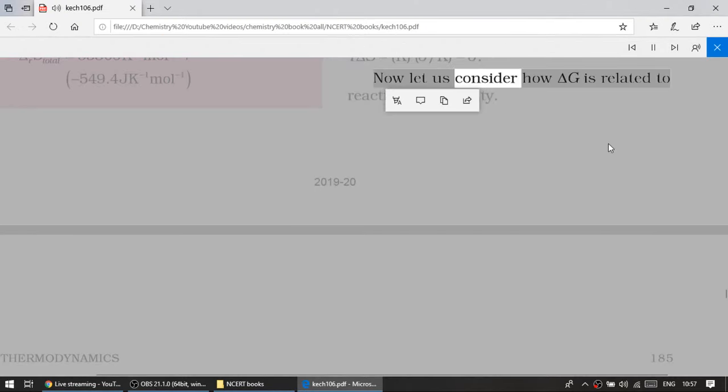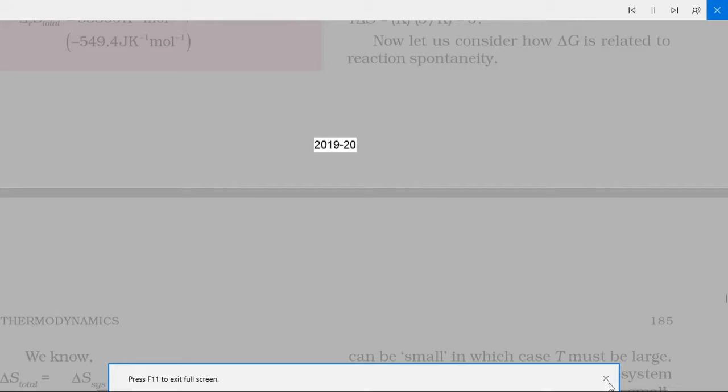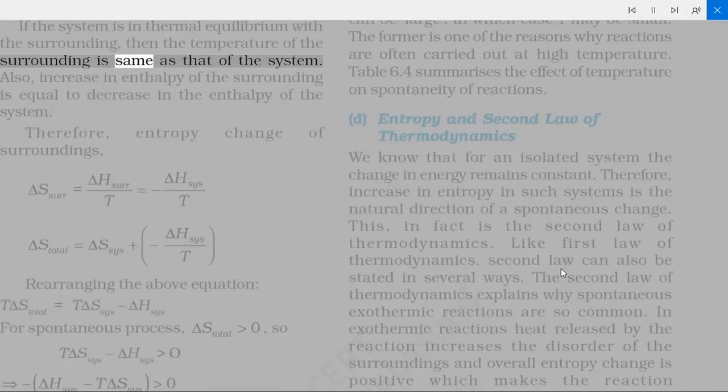Now let us consider how ΔG is related to reaction spontaneity. We know ΔS_total = ΔS_sys + ΔS_surr. If the system is in thermal equilibrium with the surrounding, then the temperature of the surrounding is same as that of the system.